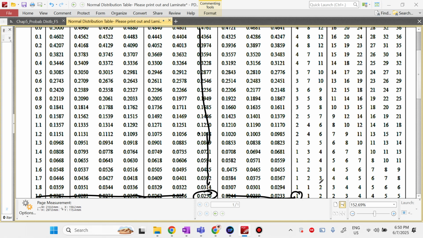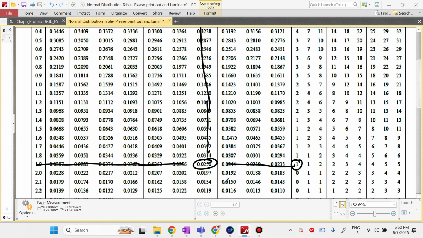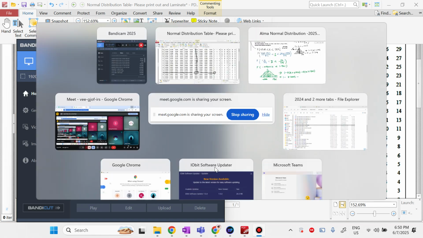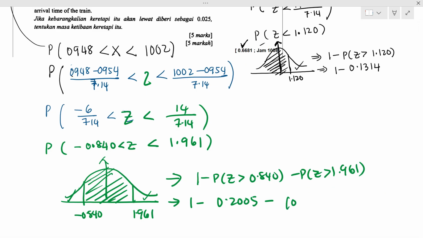And then you minus 1. So that means, what is this? 0.0250. 0.250 minus 0.0001.